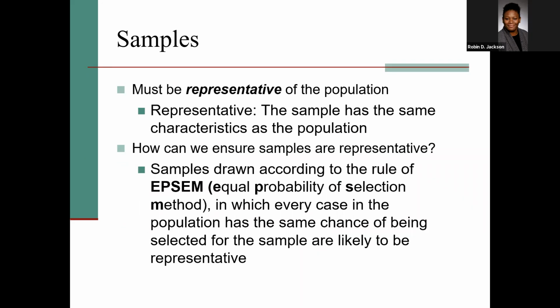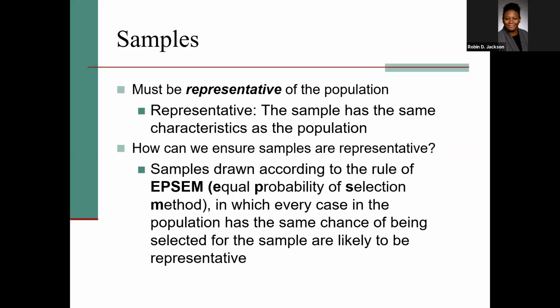All right, so to talk a little bit more about samples, while it's one thing to say that we use samples to describe a population, we want the sample to be representative of the population it's drawn from. So this is just to give you an idea of things that a sample should have and what it should look like. But one of the key things is it needs to be representative of the population from which it was drawn.